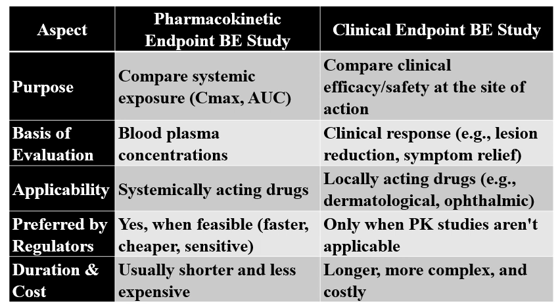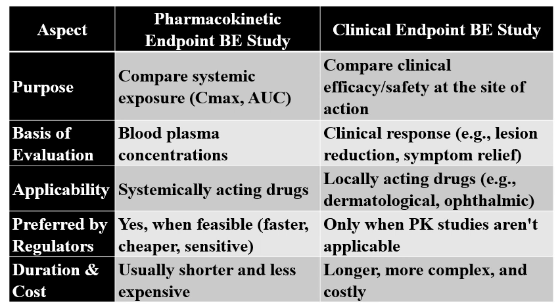Applicability of the PK study is for systemically acting drugs, and the clinical endpoint is for locally acting drugs or drugs for which the PK study cannot be done, where a PK study will not result in the demonstration of safety and effectiveness. Examples for clinical endpoint studies are some dermatological products and ophthalmic products.